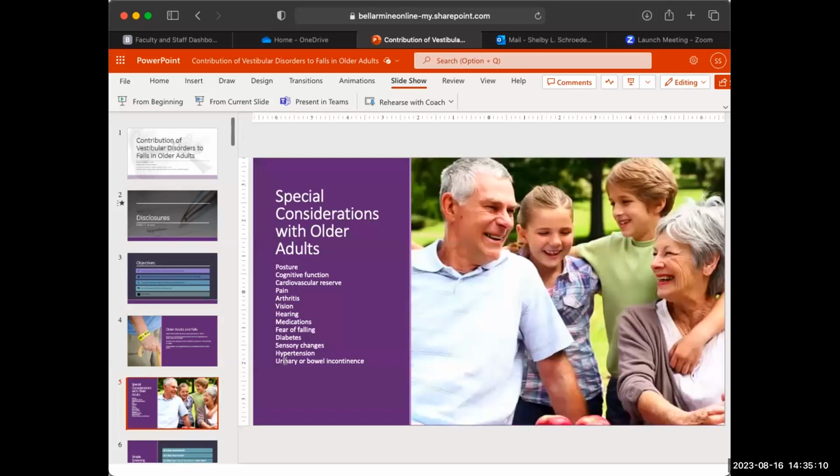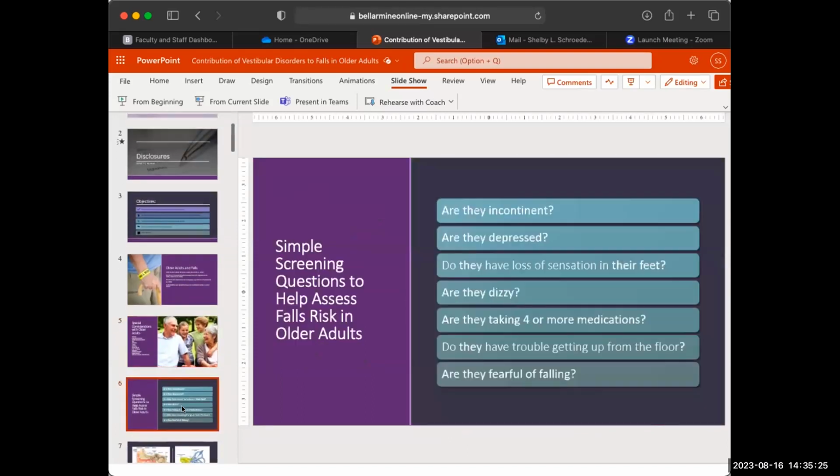I was looking hard to see if I could find a button to correct it, but I couldn't. It says I'm screen sharing now. So can you see my screen there? You're on special considerations with older adults is the slide that is on. Okay. Yes. Okay. And then can you see the next slide? Simple screening questions.